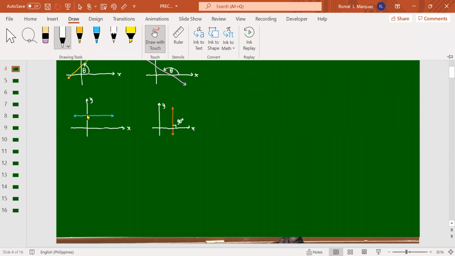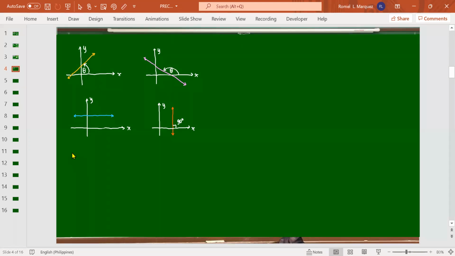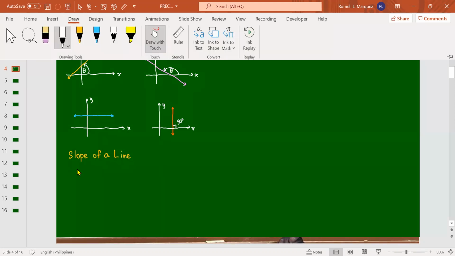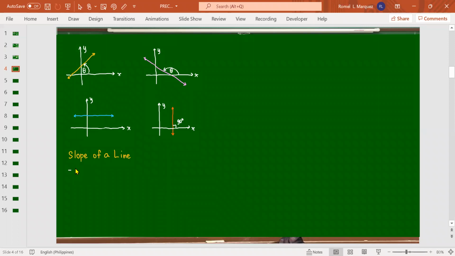Another term related to angle of inclination, giving direction to the line, is the slope of a line. When you say slope of a line, it is the measure of its steepness.